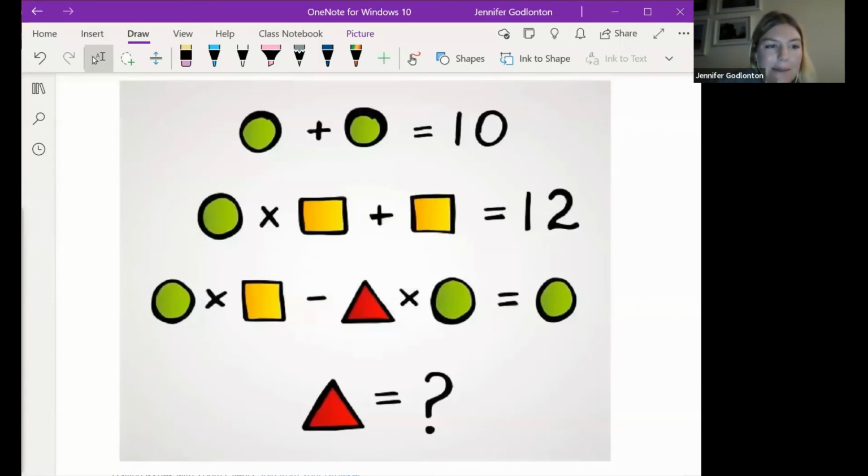What is the red triangle? And if you get the right answer, you have to be able to explain it. So you can't just guess. You have to tell me why it is what it is.